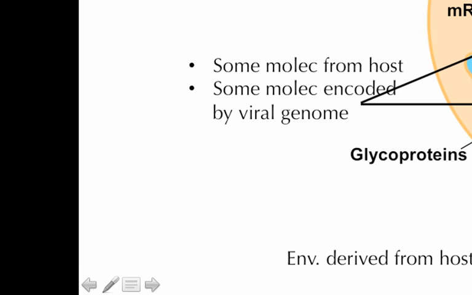So these viral envelopes are useful for entering the cell if they're present. They come from the plasma membrane of the host cell when the virus, the capsid and the nucleic acid, comes off of the host, buds out of it. You see the host cell is going to have some of its glycoproteins on the outside, and it'll have some glycoproteins you can see being made here that are actually encoded by the virus itself.